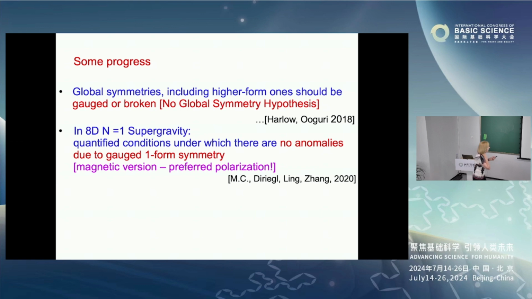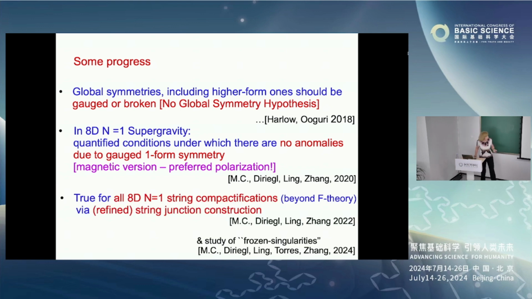And we quantified the conditions that the one form symmetry can be gauged if there are no specific anomalies there, and we quantified these particular anomalies. And that actually led to the study of broad classes of A-dimensional string compactifications, some beyond F theory, also using the refined string junction conjecture, and still current work to address also frozen singularities in this context, that of course are all compatible with this specific no anomalies condition for the gauged one form symmetry.